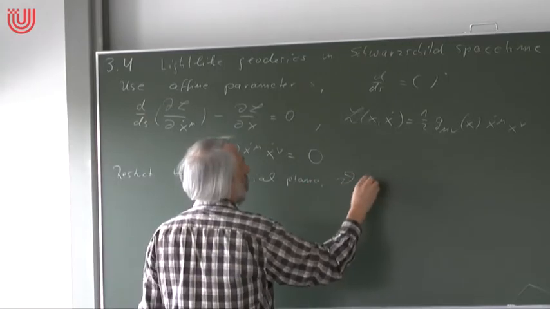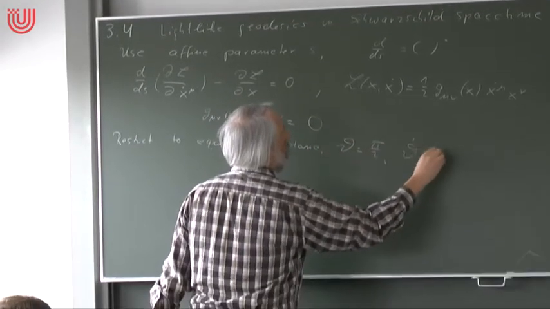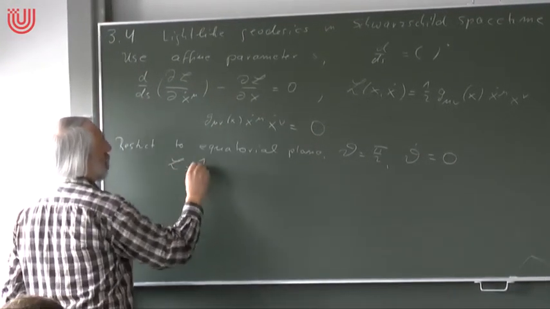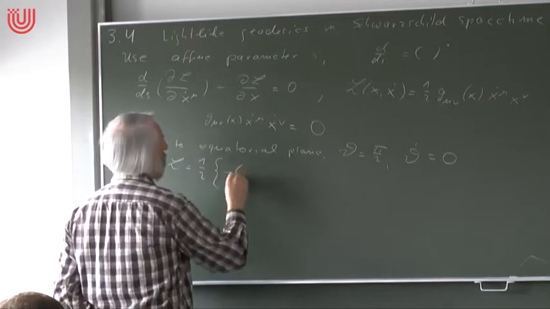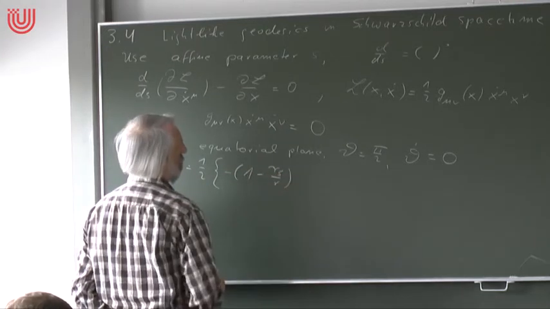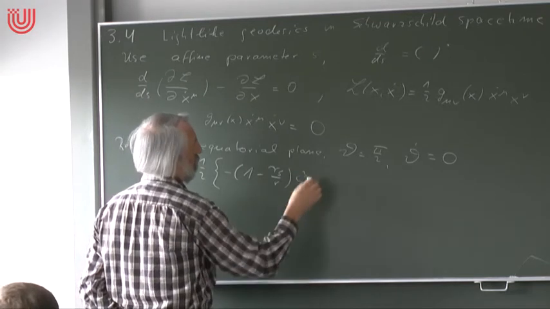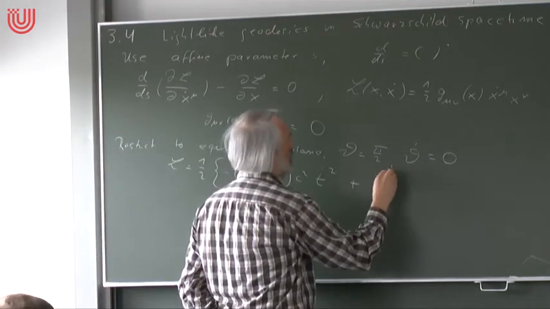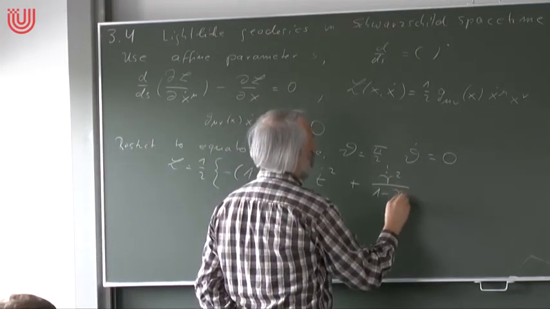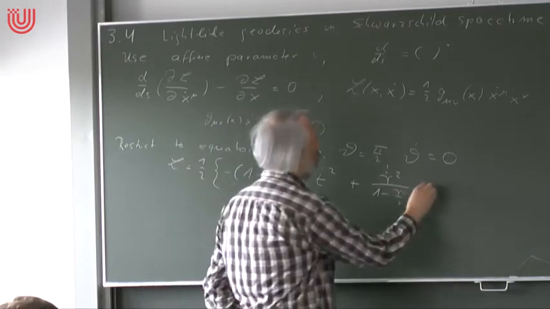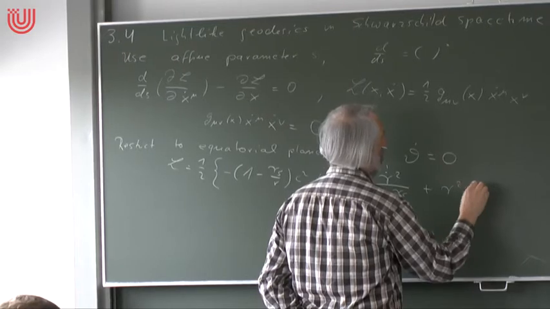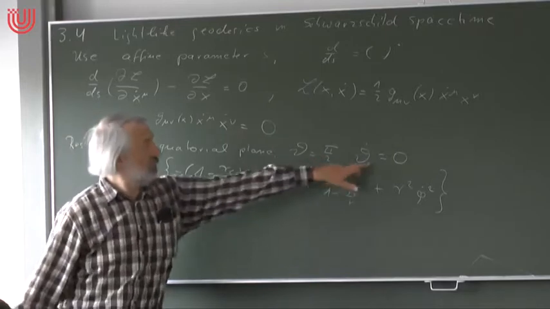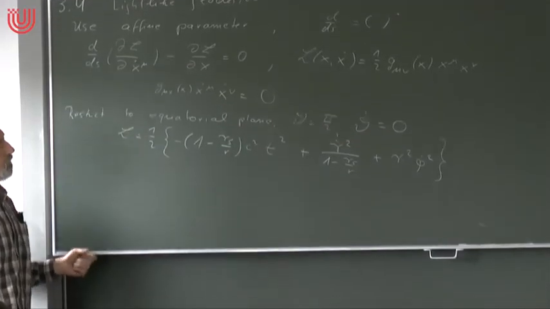This means we have theta equal pi half and theta dot equal to 0, and then the Lagrangian is just 1/2 times minus (1 minus r_s over r) c squared t dot squared plus r dot squared over (1 minus r_s over r), and from the angular part we only have r squared phi dot squared because of these two assumptions.